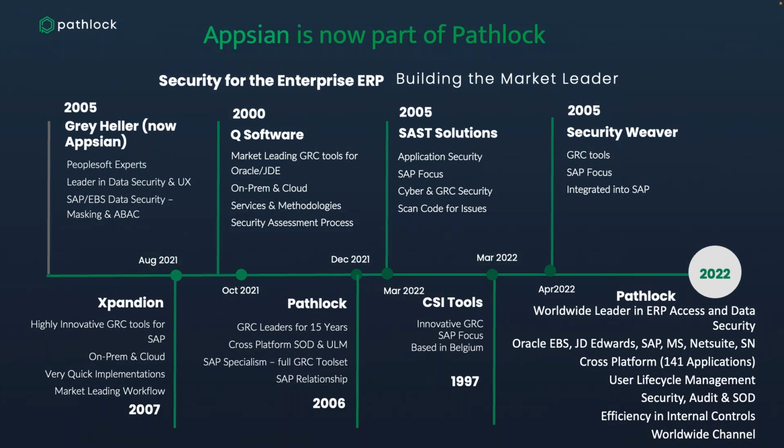combined into one. So Greyheller Apsian started in 2005, Q Software started in 2000, SAST started in 2005, Security Weaver in 2005, Expandian in 2007, Pathlock in 2006, CSI Tools were in 1997. So you can see a lot of these are organizations that have been around for many, many years. So a lot of the things that we're talking about bringing to the market are solutions that have been in use with, you know, thousands of customers basically. So we, a combined group, we have over, I want to say 1,300 customers.